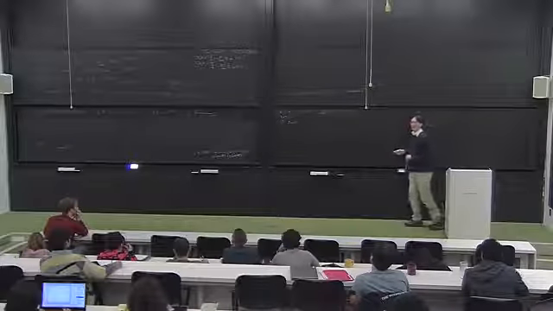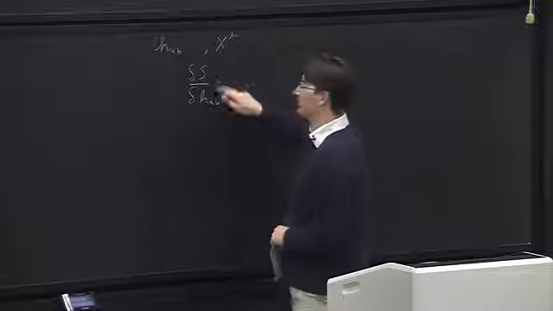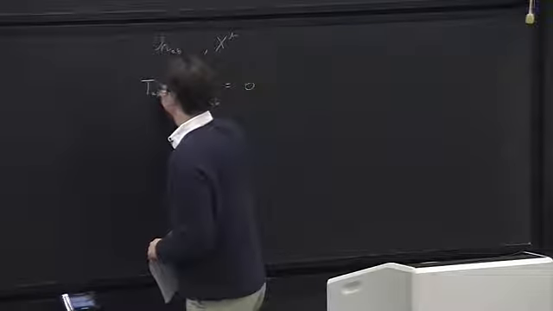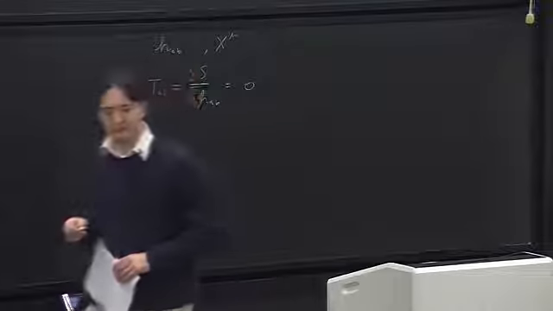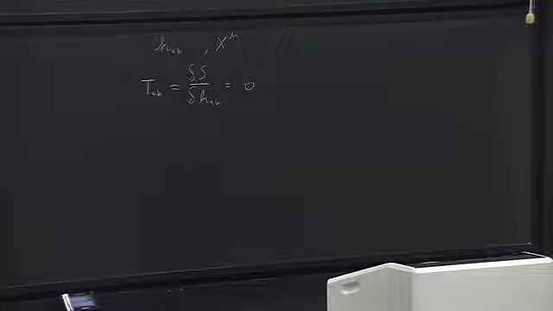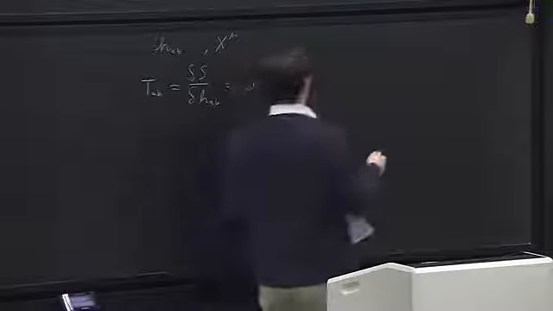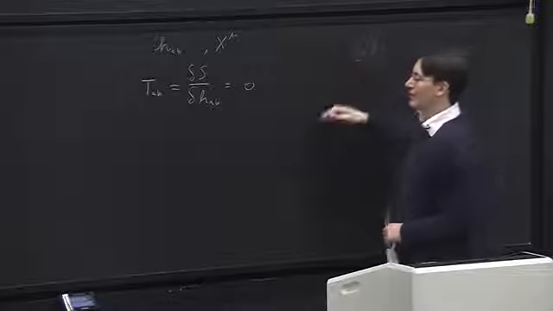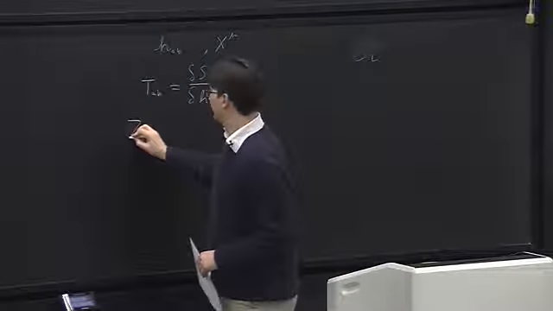And essentially, by definition, the variation of the action with respect to the metric is what's called the stress tensor. Now, if there's some action which is invariant under diffeomorphisms, then the stress tensor is conserved.